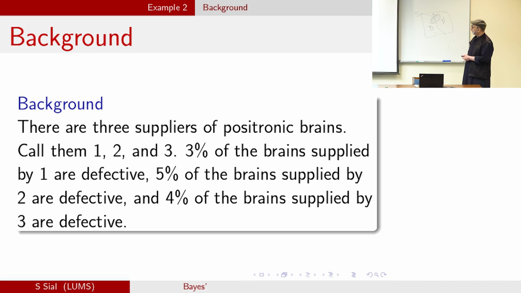So the information we might want is, given that something is defective, what's the probability that it came from supplier number 2, let's say? What we've been given is that, given that it's coming from supplier 1, the probability of a defect is 3%.